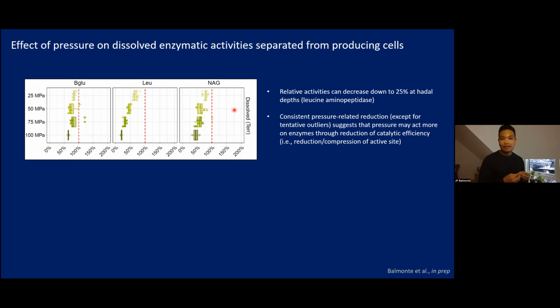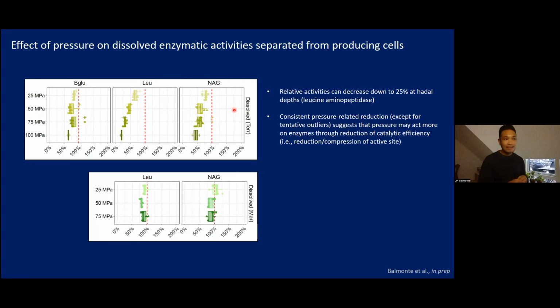And so I thought my life was over, this study is complete, so on and so forth. And then I looked at the data for dissolved enzymes produced by the marine POM. And what we see is actually, there's mostly inhibition, but there's actually some level of pressure tolerance here as well.